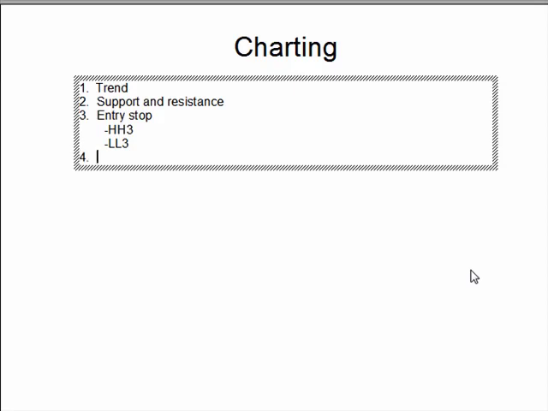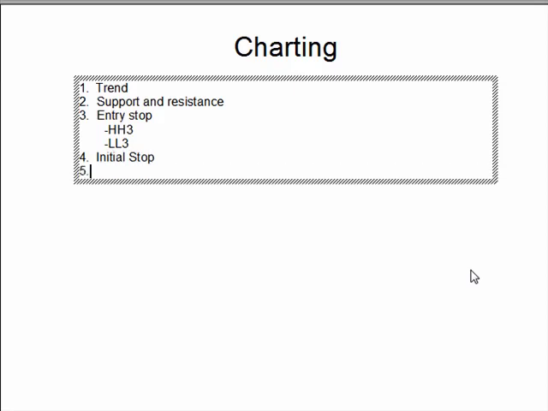We've got to place our initial stop and our initial targets. And for most of you that have been trading the simple trading method for a while, understand that that's what it is that we're looking for, and hopefully are able to go through the process of doing that.